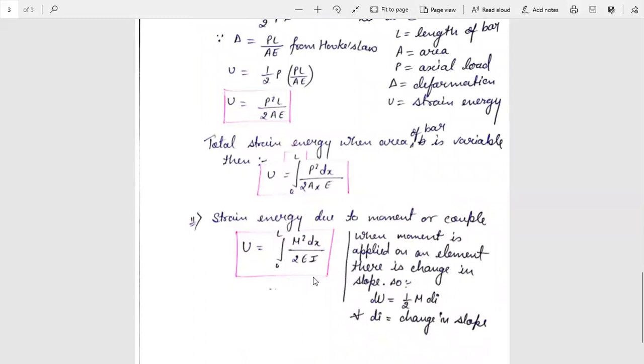When a moment is applied on an element, there is a change in slope. So, dU equals 1 by 2 M into d theta, where d theta is change in slope. Now, the final formula is U equals integration with limits 0 to L of M square dx upon 2EI. Thank you.